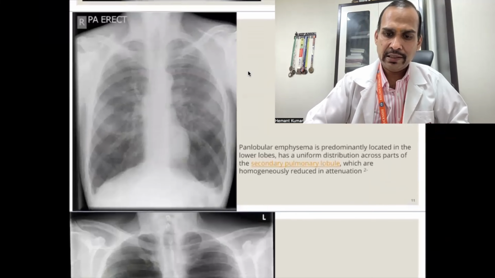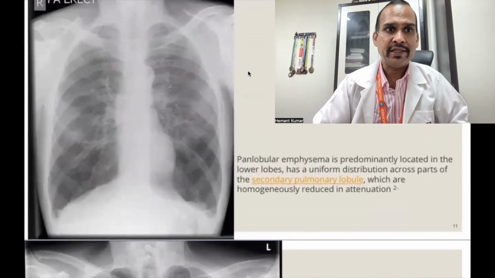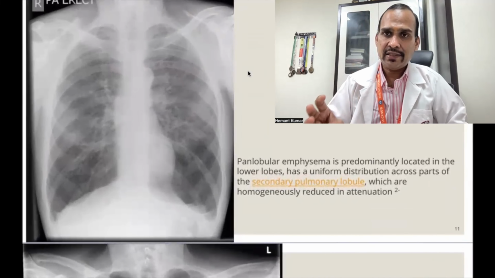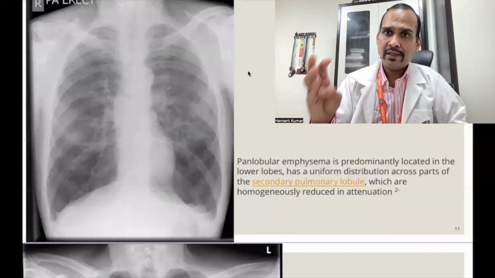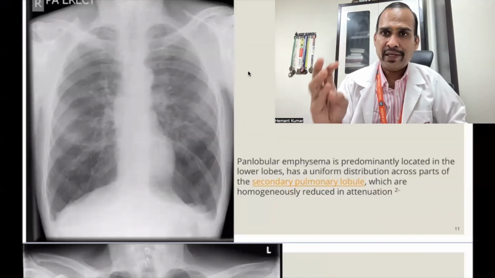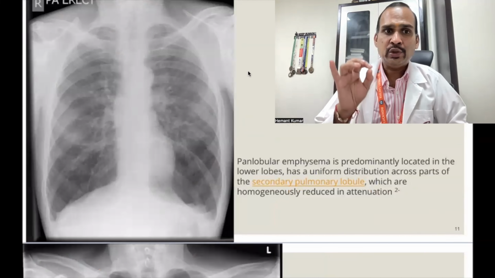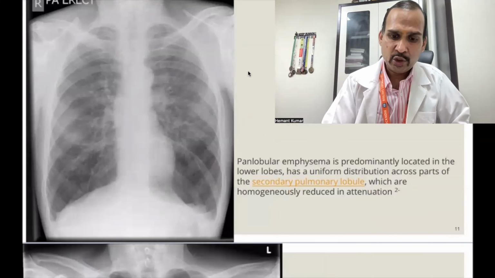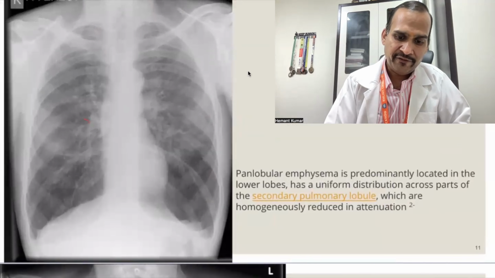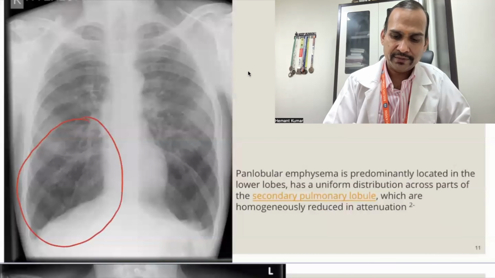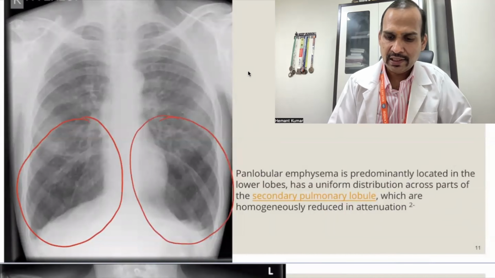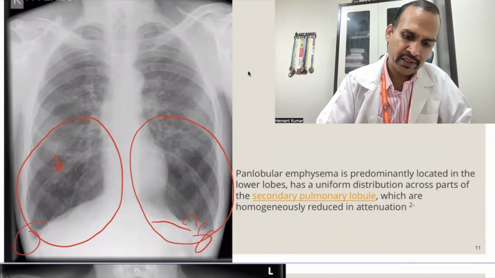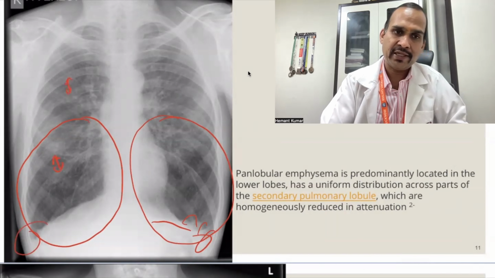So emphysema has mainly three types: centriacinar, panacinar, and paraseptal. In this X-ray, you can see the emphysema is there in the lower part. Can you appreciate the diaphragm flattening, tenting, CP angle blunting, and intercostal space more widened as compared to the upper side?